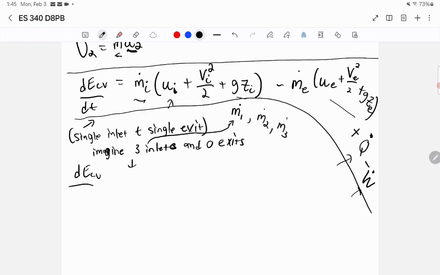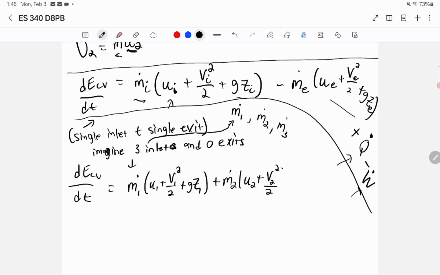It would be the same exact idea, but now I'm going to have to say m1 dot times (u1 plus v1 squared over 2 plus g z1), plus m2 dot times (u2 plus v2 squared over 2 plus g z2), plus m3 dot times (u3 plus v3 squared over 2 plus g z3).